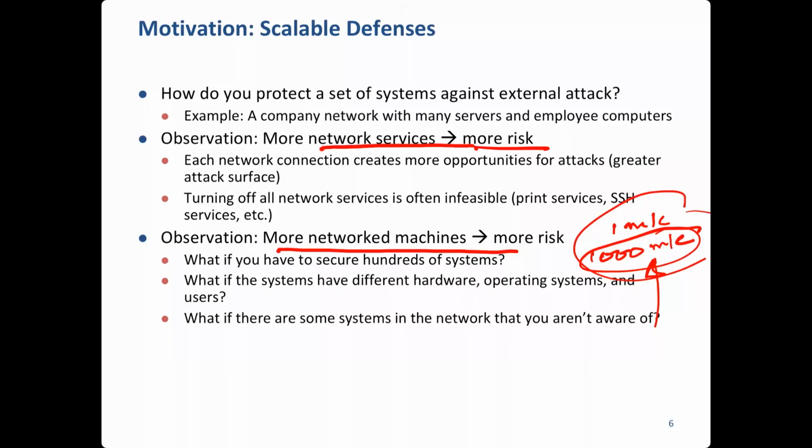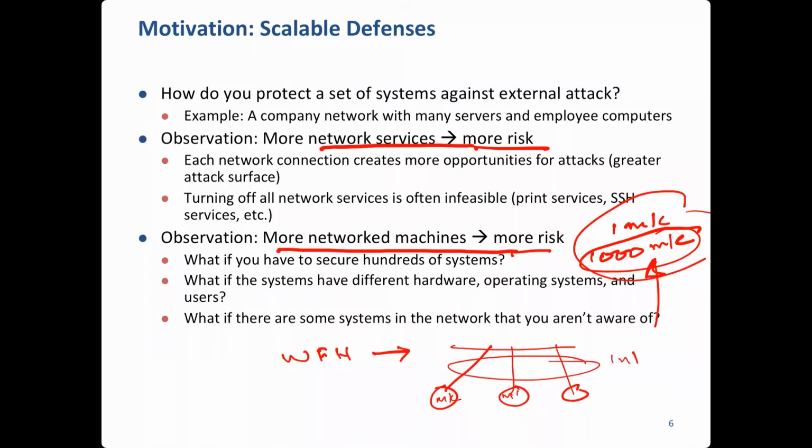Of course, now work from home is moving in that direction, where it is the responsibility of individual machines anywhere in the world. They are working towards a common goal, connected over the internet, and how do they need to be protected?